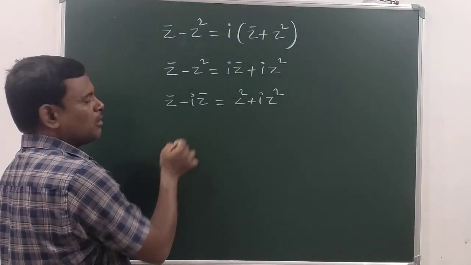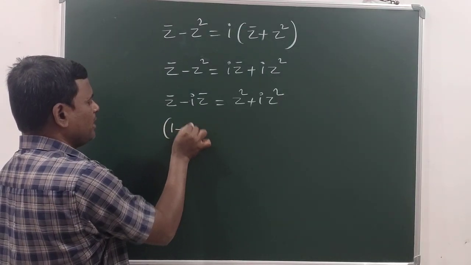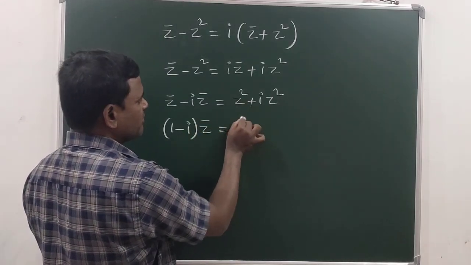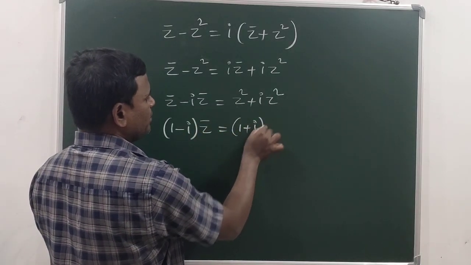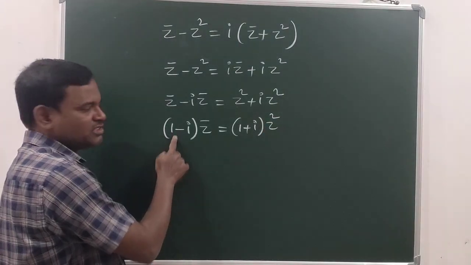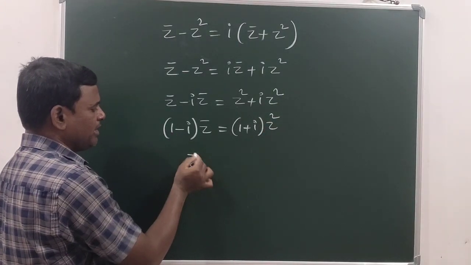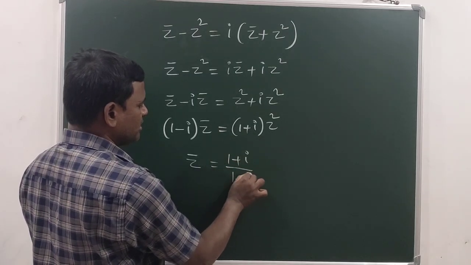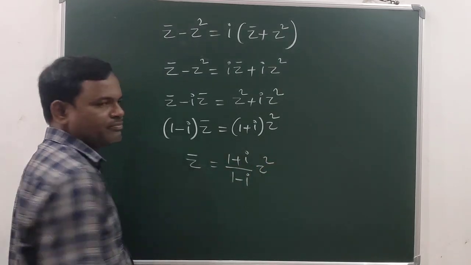Now take Z bar common from this. You get (1 minus i) into Z bar, which is equal to, when you take Z square common, (1 plus i) into Z square. Now transfer this one to the right side so that you get Z bar is equal to (1 plus i) by (1 minus i) into Z square.